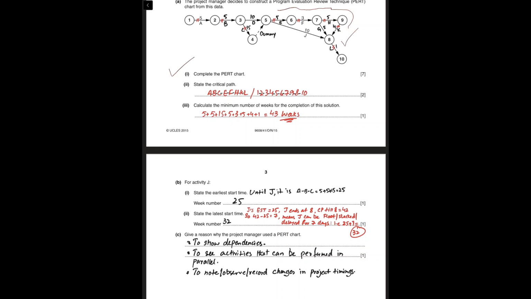So we can delay J by 7 weeks. So 25 plus 7, it becomes 32. So the latest start time of J could be delayed up to 32nd week.